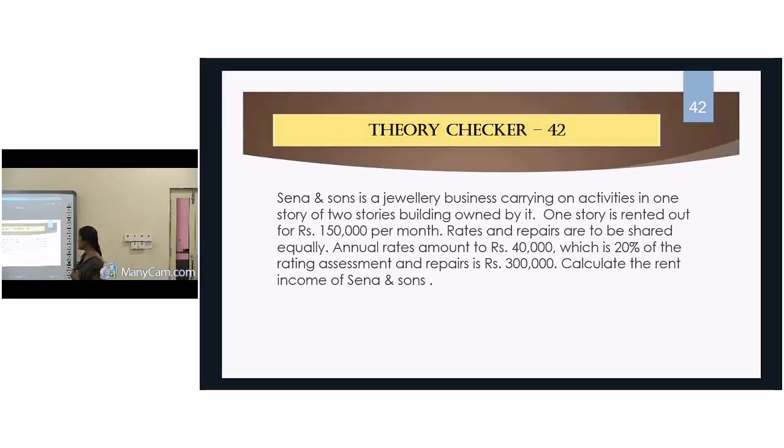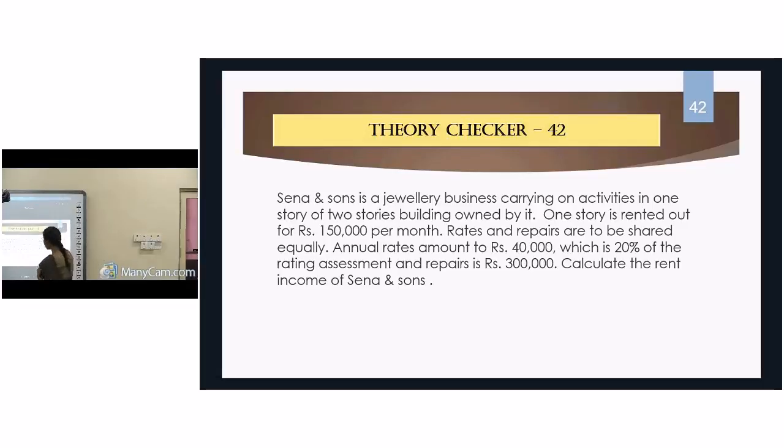In this case, how are we going to calculate the rent income? You have to calculate the gross rent received by Sen & Sons. From that you have to deduct the rates. Rates they have paid for the whole 2-story building, and they identify that equally, because now they can claim actual payments. So 20,000 would be the rates, and the repairs as well are for the whole 2-story building, so 50% of that, 150,000.